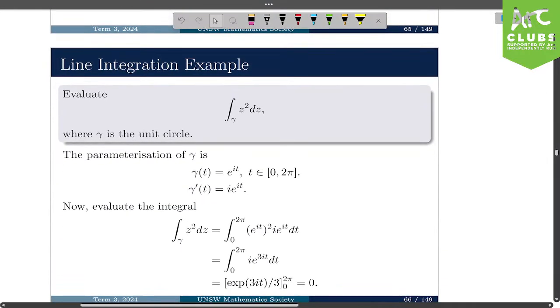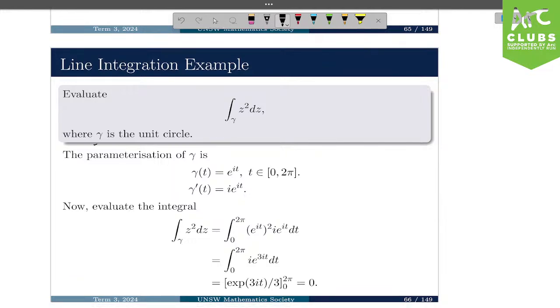Okay, so here's an example. We're given a complex integral, and we're given the curve along which we integrate. Gamma here is the unit circle. It doesn't specify which direction we actually traverse gamma in, but in this case it doesn't actually matter, as you'll see.